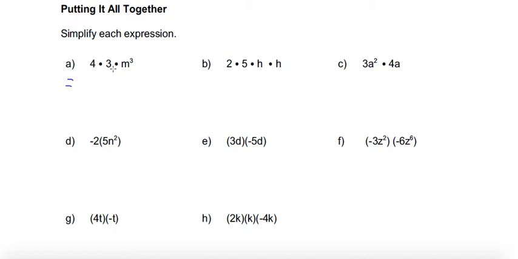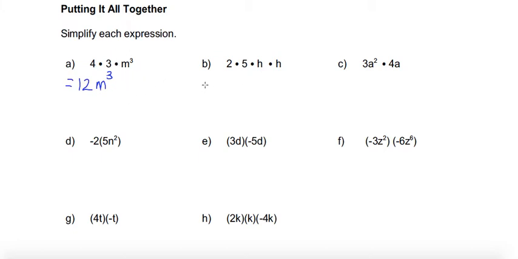So 4 times 3 gives us 12. And if I have more than one term with a variable or a letter, then I would multiply those together. But I only have the one letter, so I'm going to write 12 and then m to the power of 3. So multiply your coefficients together, and then you look at your variables and simplify those.